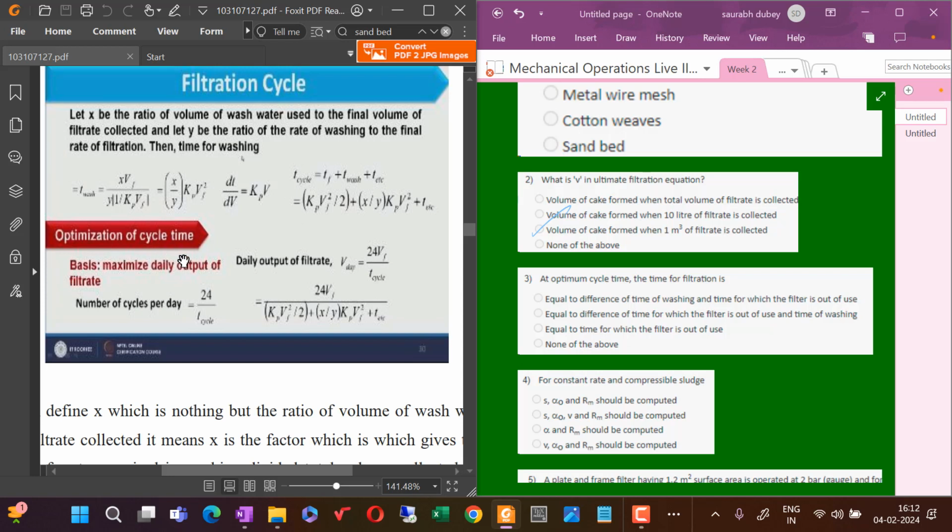And for the optimum cycle, this T cycle was used to calculate the daily output of the filter rate, and in order to maximize this daily output, it has been differentiated with respect to the filter rate.